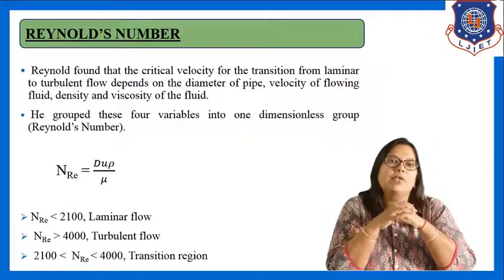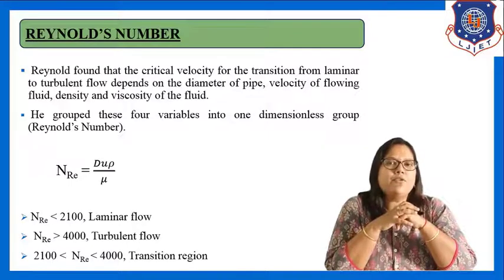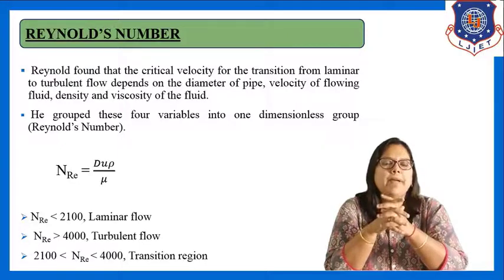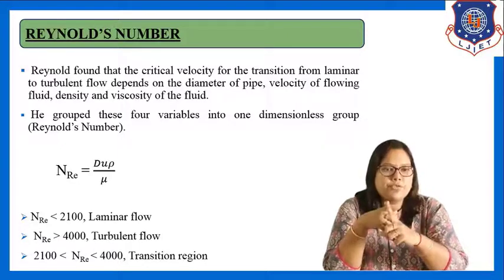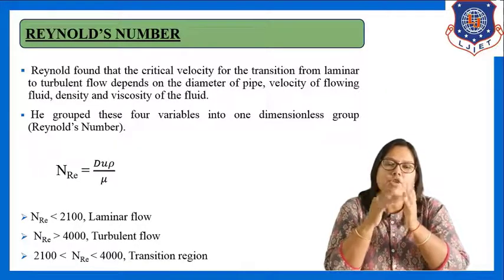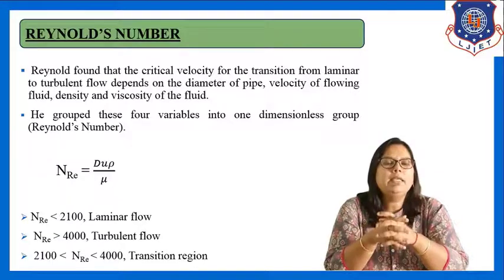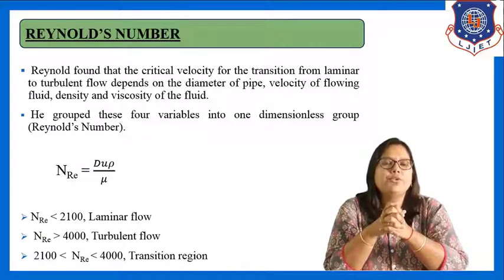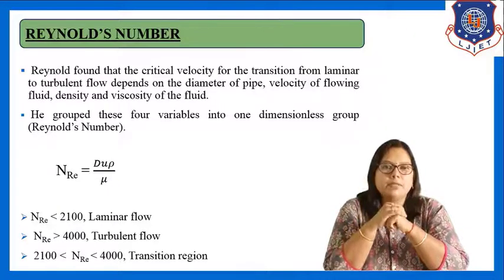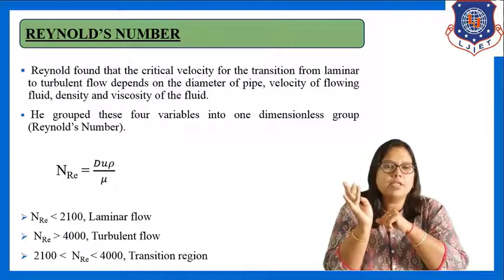Now what is that Reynolds number? Reynolds found that the critical velocity for the transition from laminar to turbulent flow depends on the diameter of the pipe, velocity of the flowing fluid, and density and viscosity of the fluid. So Reynolds found that the change in velocity due to change in flow nature depends on these four parameters: diameter, velocity, viscosity and density.